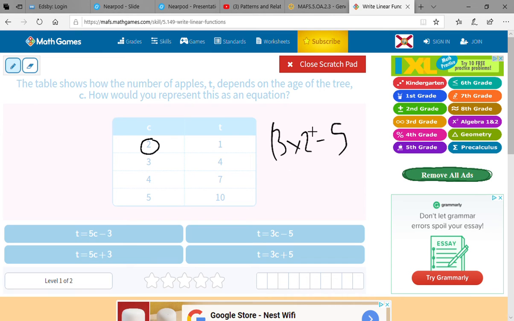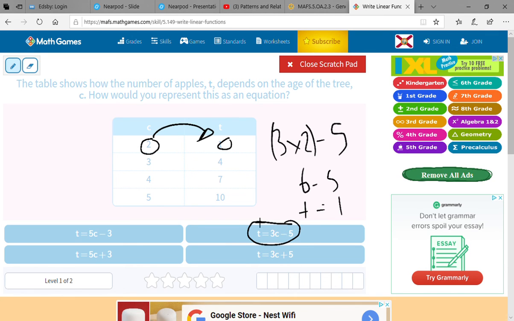So 3 times 2 is 6, and then 6 minus 5 gives me 1. Perfect. When I put 2 into this equation, it gives me 1. So when I put in the input, it gives me the correct number as an output. This is the right equation, T equals 3C minus 5.